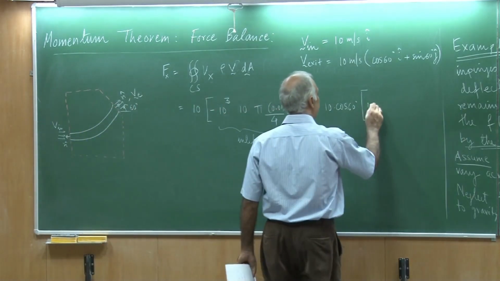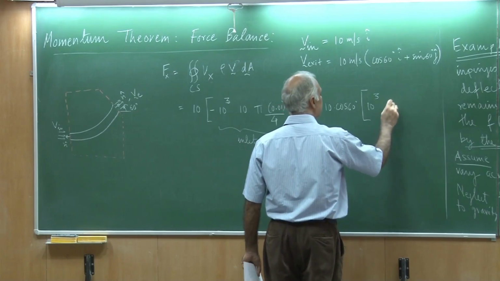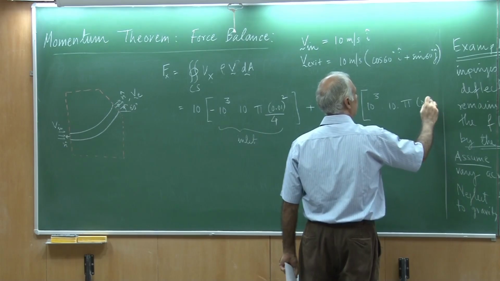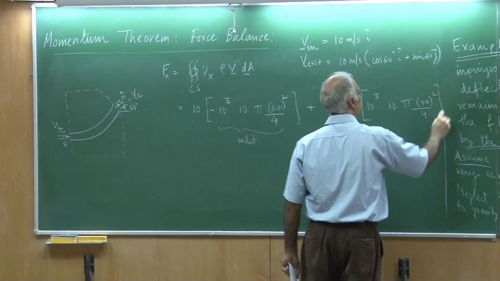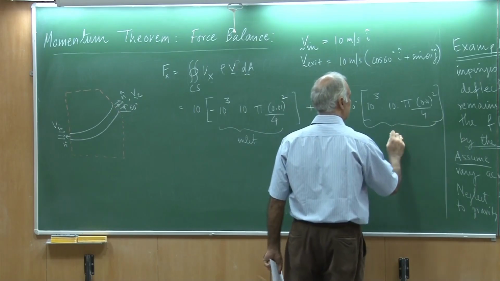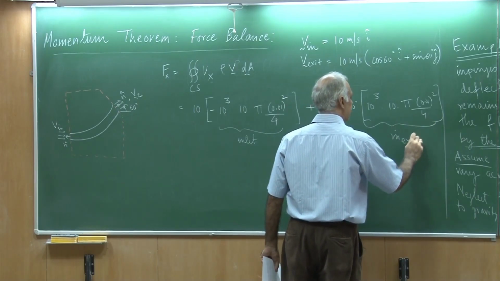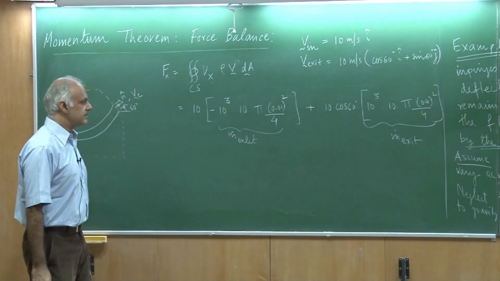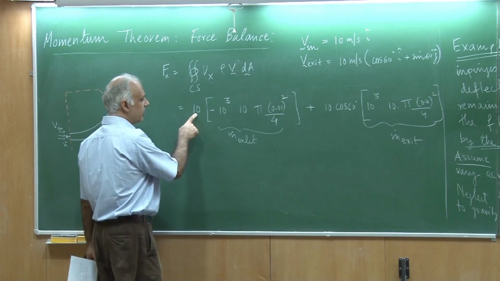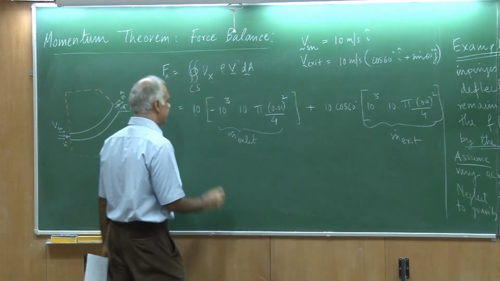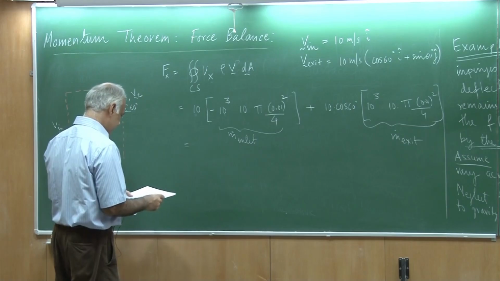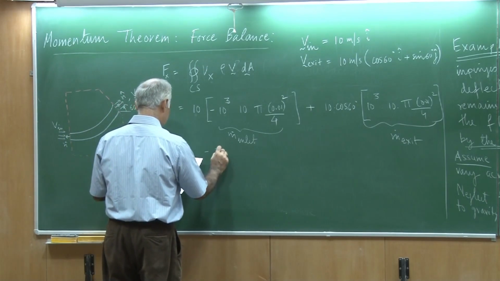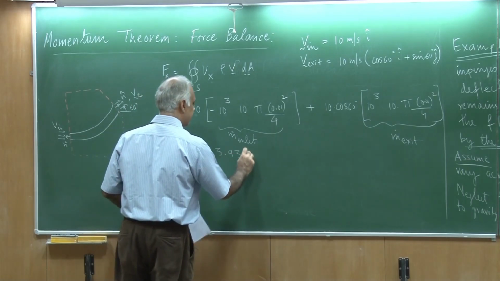So, I would have again the same thing, 10 to the third times 10 times pi 0.01 squared over 4, which really is the m dot at the exit. This is m dot at the inlet. Similarly, this is the x velocity at the inlet and x velocity at the exit, and if we calculate this, this will turn out to be minus 3.93 Newton.